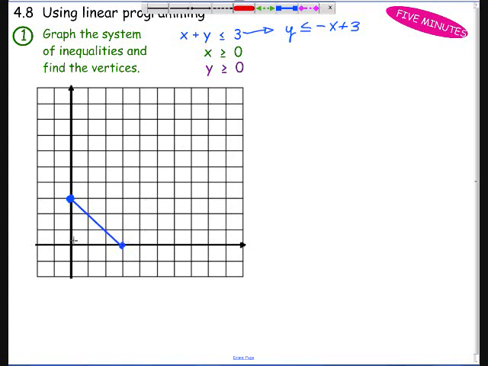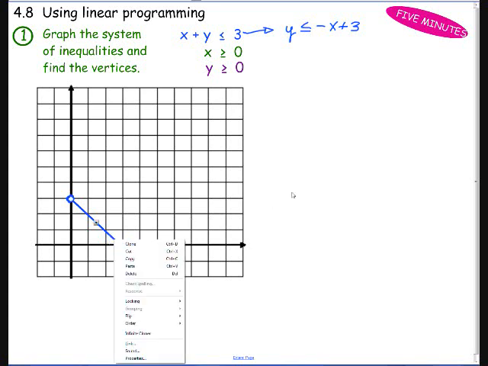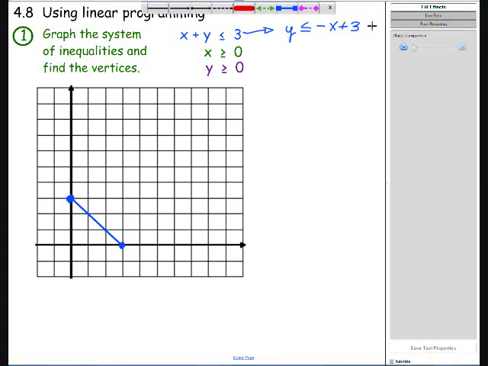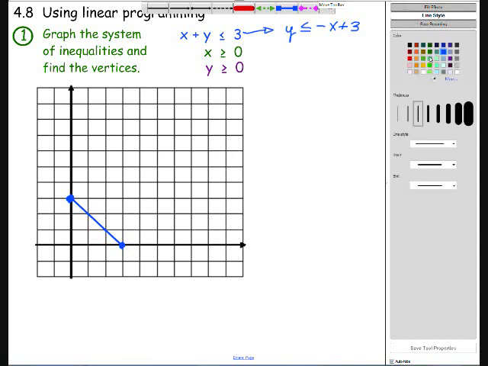And the reason I'm keeping it in the first quadrant is because I noticed over here that I'm only going to be using positive x's and positive y's. Let me draw those lines right now. X is greater than 0.